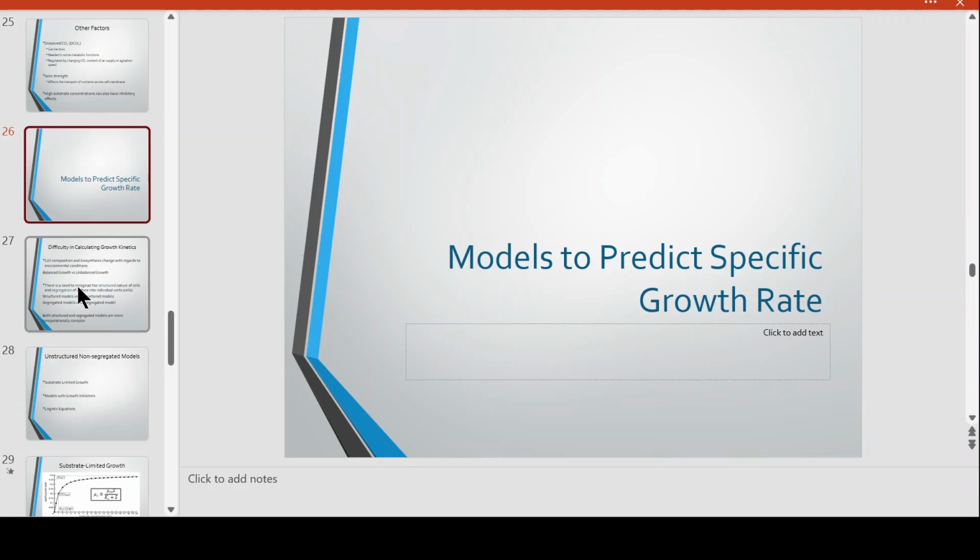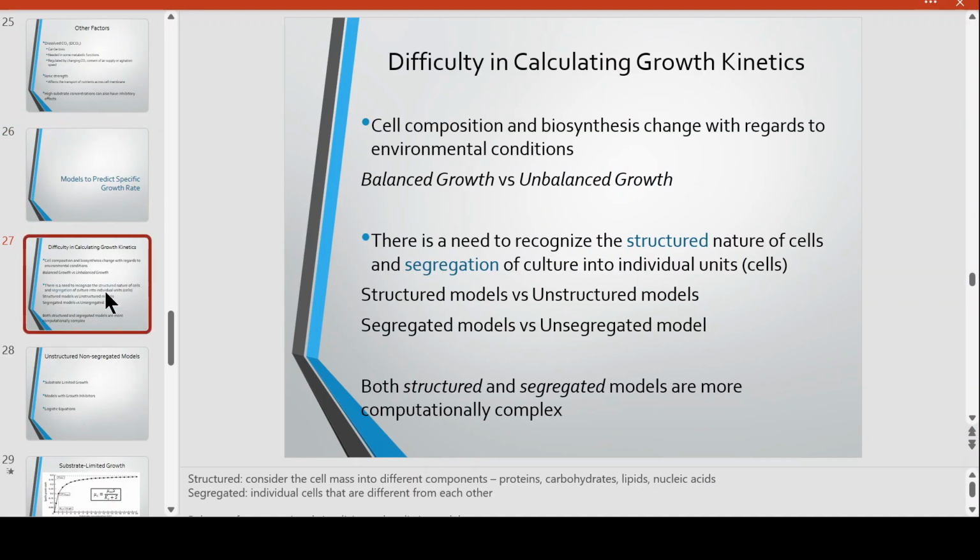In your industrial microbiology, we might have already discussed only one model, the microbial growth model, the exponential growth model, basically. But that is the most simple one. It does not really accurately predict everything, especially in actual practical results.